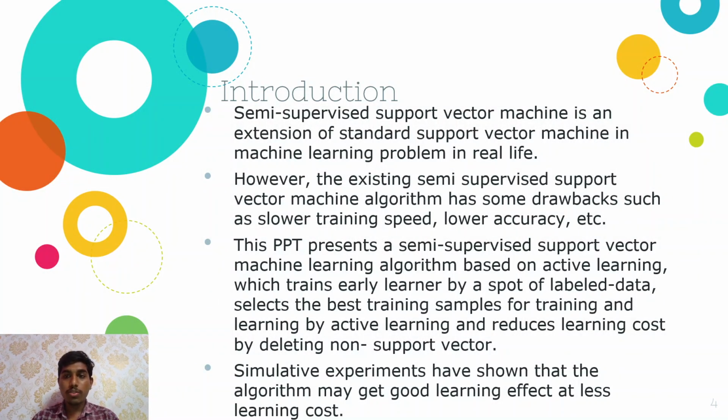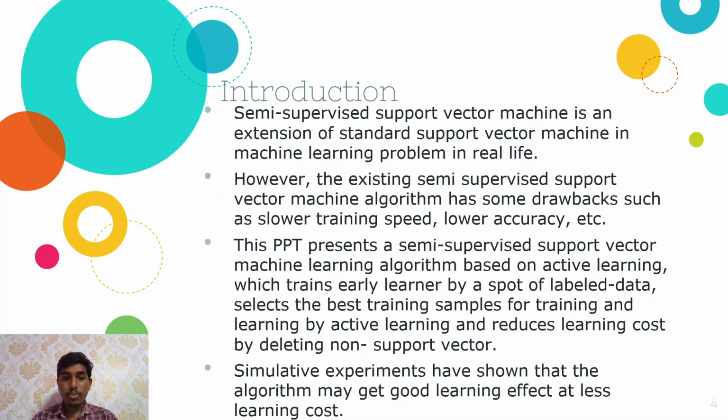Semi-supervised support vector machine is an extension of standard support vector machine for machine learning problems in real life. However, the existing supervised support vector machine algorithm has some drawbacks, such as slower training speed and lower accuracy.